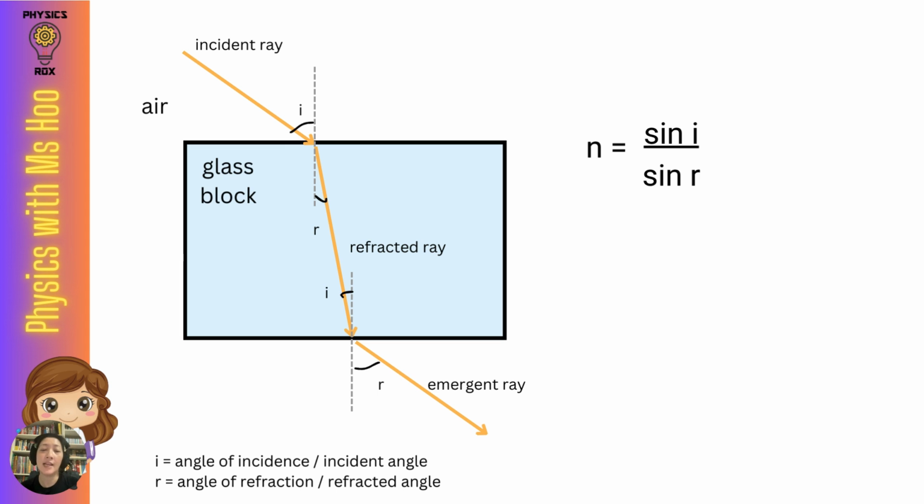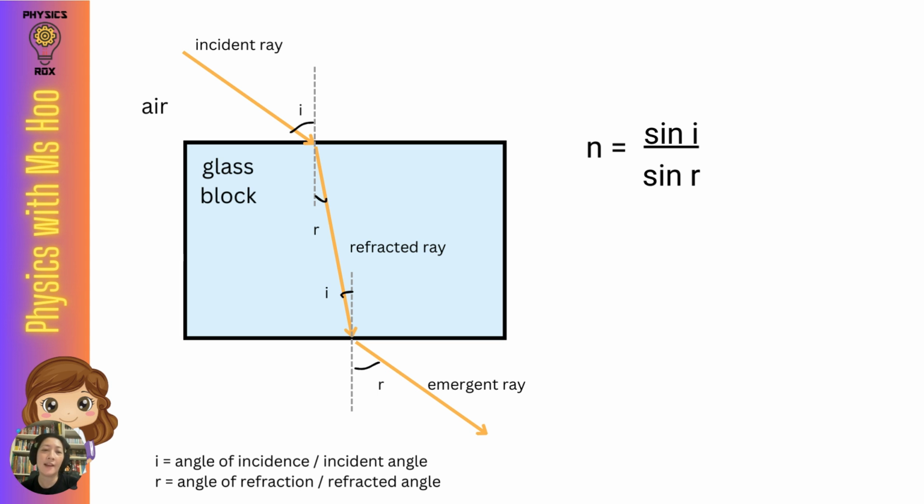So the angles are I and R respectively as well, where I is in the glass block and R is in the air. But the problem is if you take sine I over sine R based on this, it will not be the same as the one on top, right?